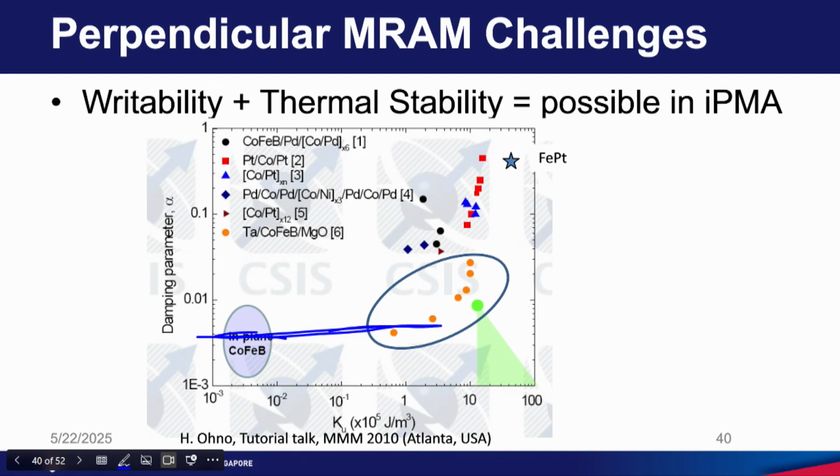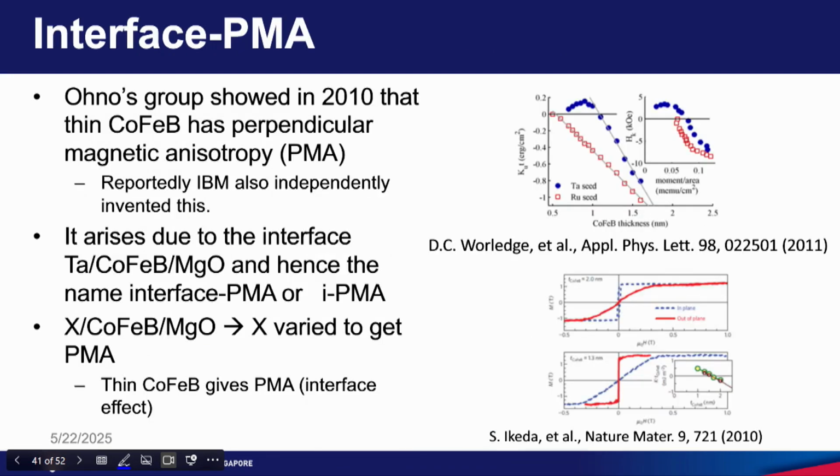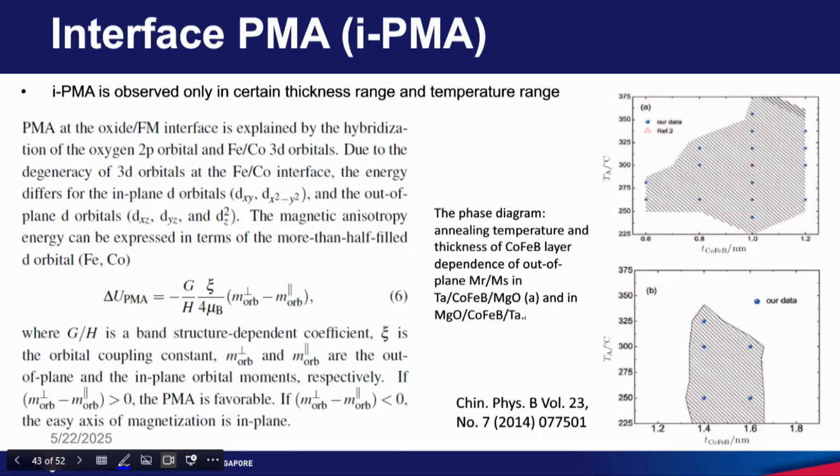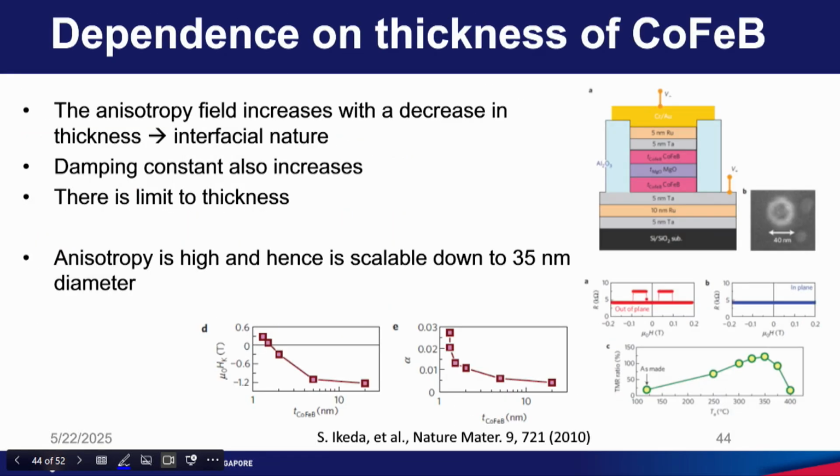But it can have very large anisotropy, so it can make the magnetization perpendicular. There is some reason why the interface anisotropy is observed. People say that it's due to the hybridization. Let's not go into the details. Let's come back to the results of Tohoku University.